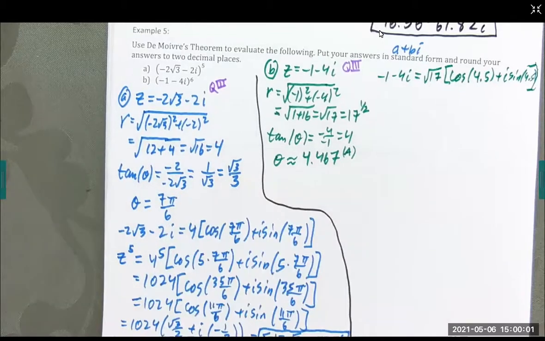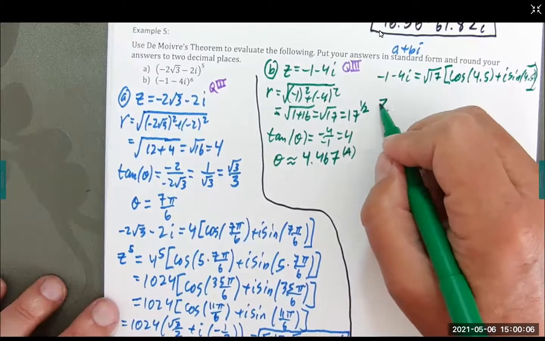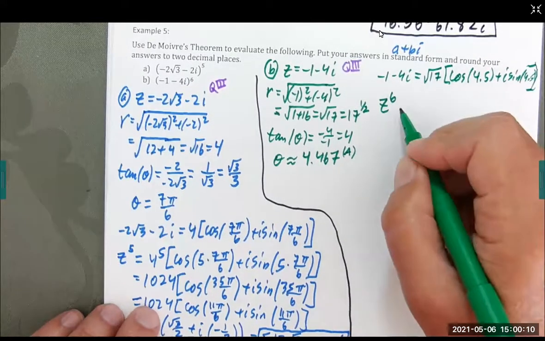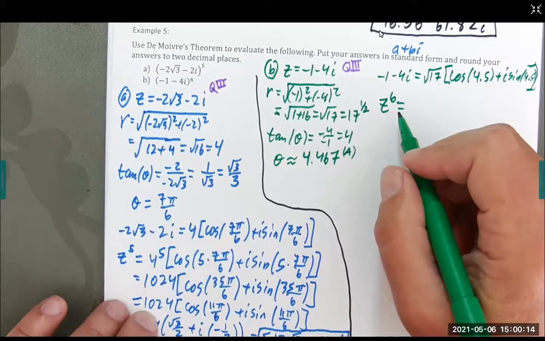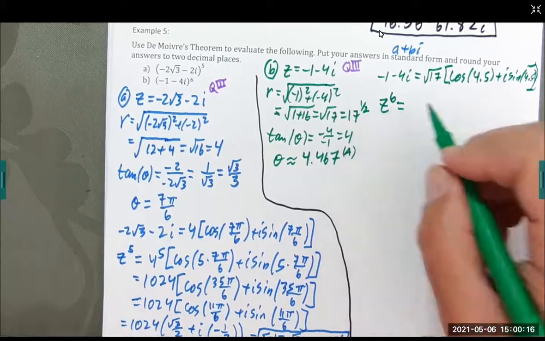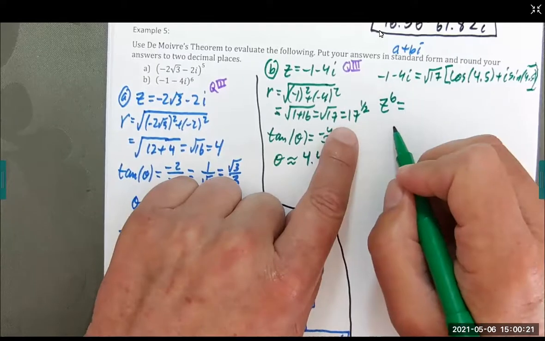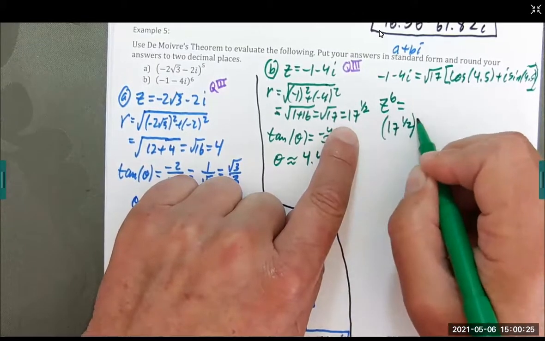All right, so what does that mean for us? We now need to do z to the 6th power. So root 17, like I said, is 17 to the 1/2 power. So this is going to be 17 to the 1/2 power raised to the 6th power.